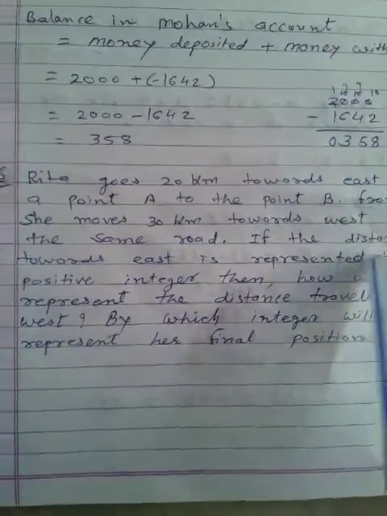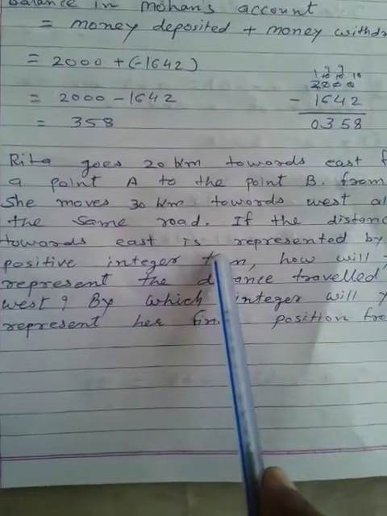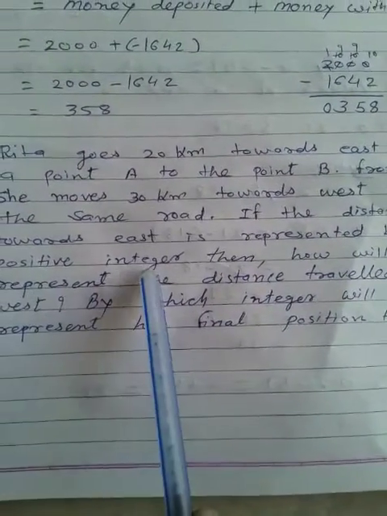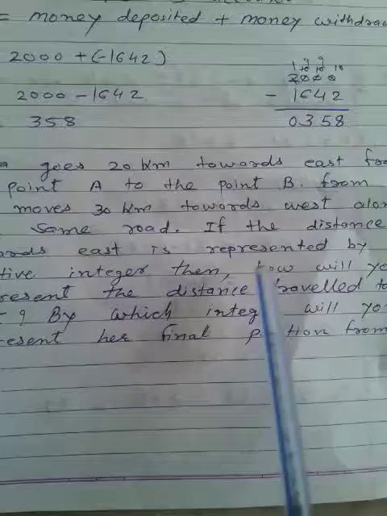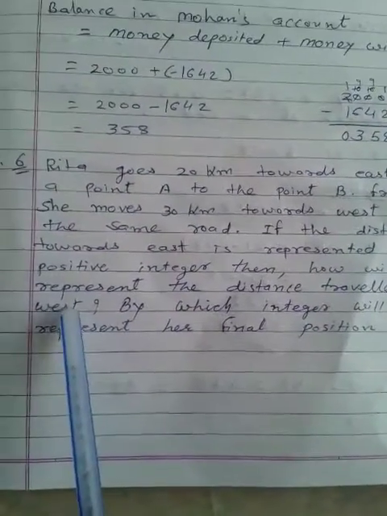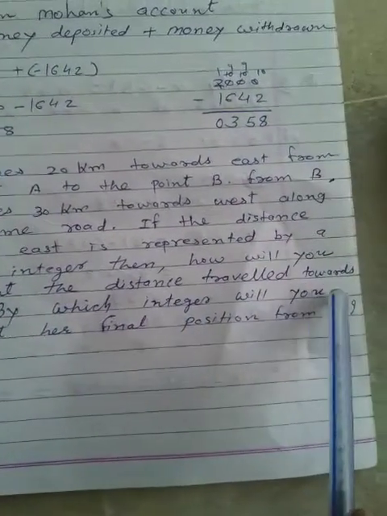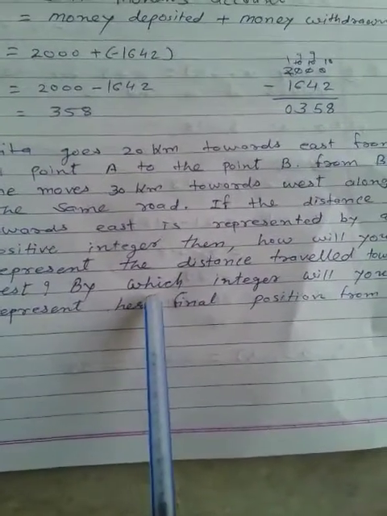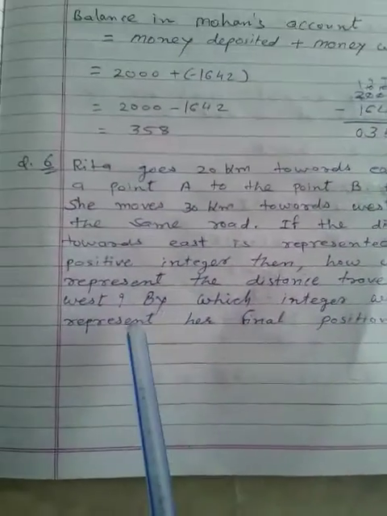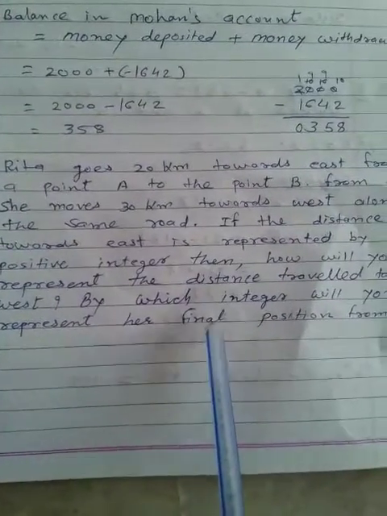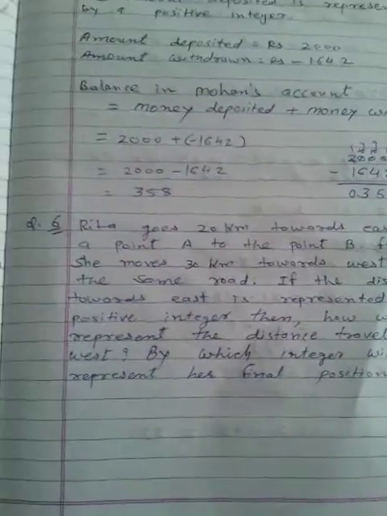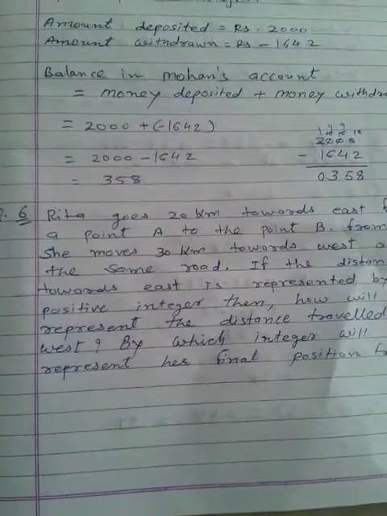If the distance towards east is represented by a positive integer, then how will you represent the distance traveled towards west? By which integer will you represent her final position from A? Now how do we solve? Solution is there.